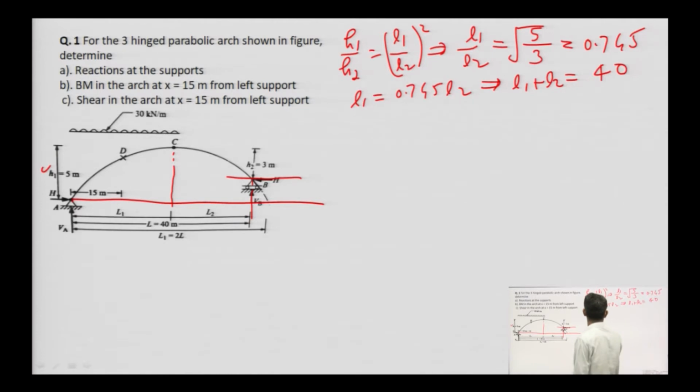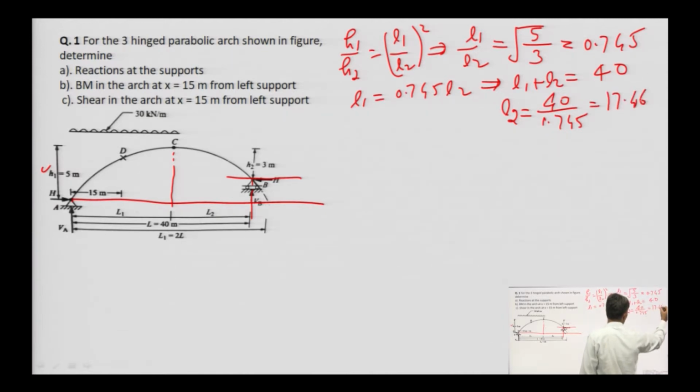Therefore, by putting the value of L1 here, we can calculate the value of L2. L2 will be 40 divided by 1.745, and L2 is 17.46 meters.